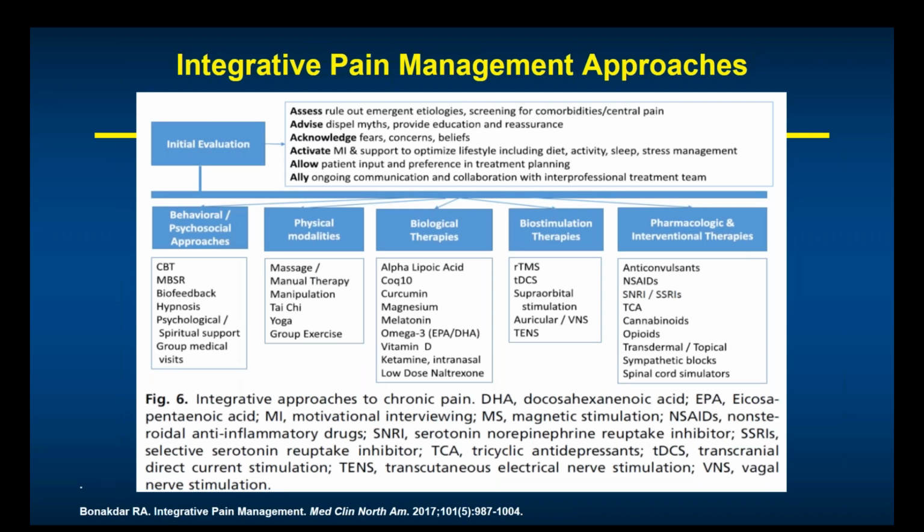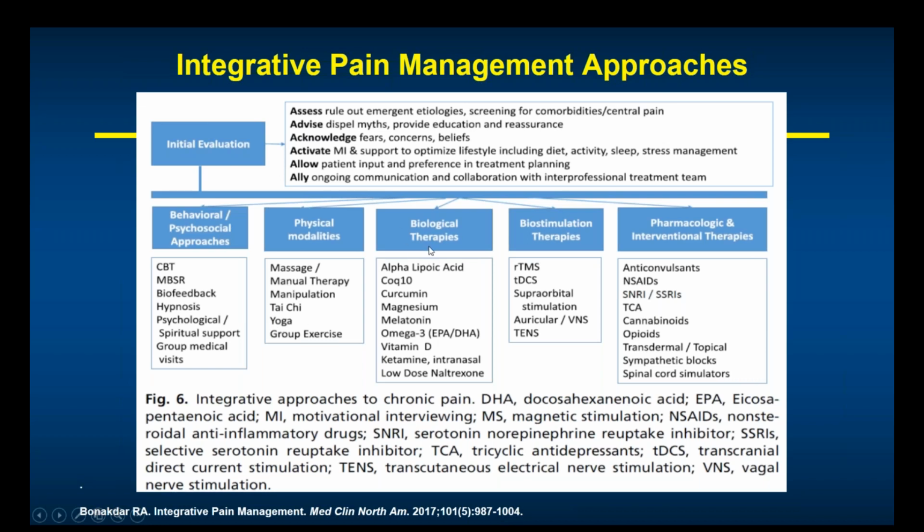As I mentioned, behavioral and psychosocial approaches are mostly used in chronic pain, but can also be used in acute pain settings. For physical modalities, yoga is gaining popularity, even in patients with acute pain. It's used in military populations with chronic and acute pain.